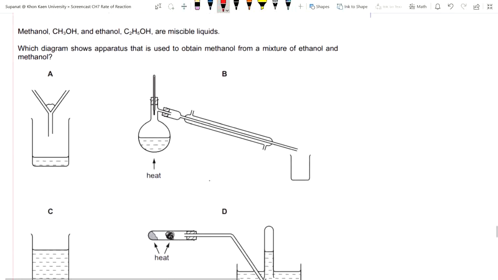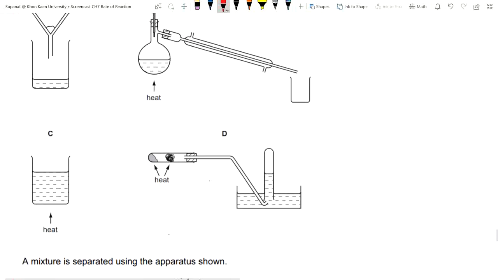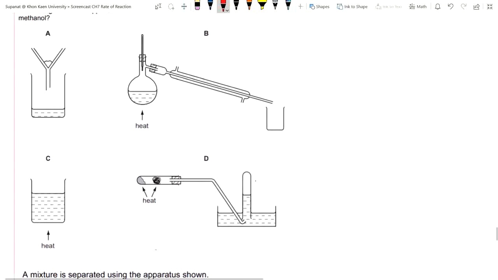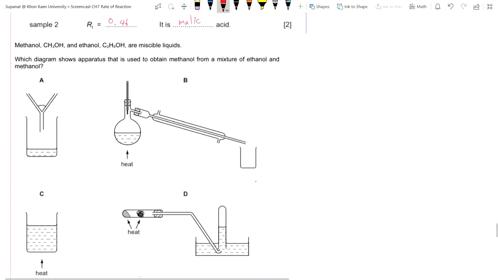Methanol, CH3OH, and ethanol, C2H5OH, are immiscible or miscible liquids. Which diagram shows the apparatus that is used to obtain methanol from a mixture of ethanol and methanol?